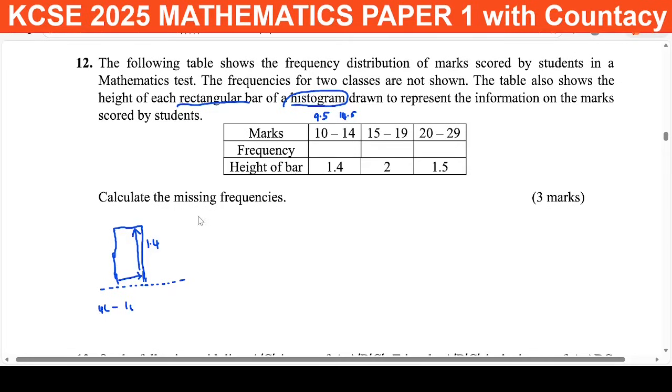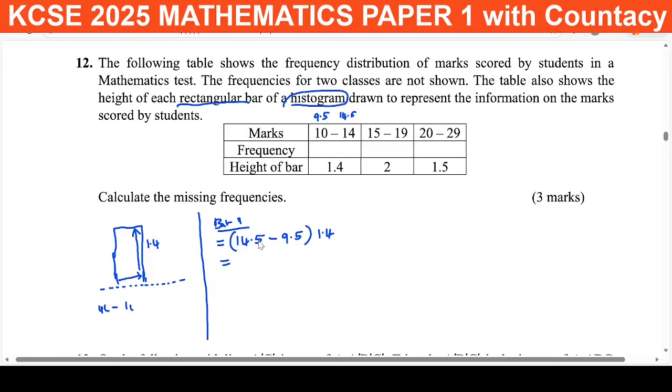So let's talk in terms of bars. Let's talk of bar 1. Bar 1 will have 14.5 minus 9.5 multiplied by 1.4. I'll show you a better, quicker way on this very shortly.